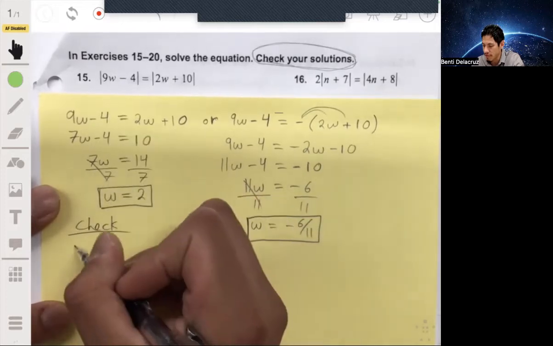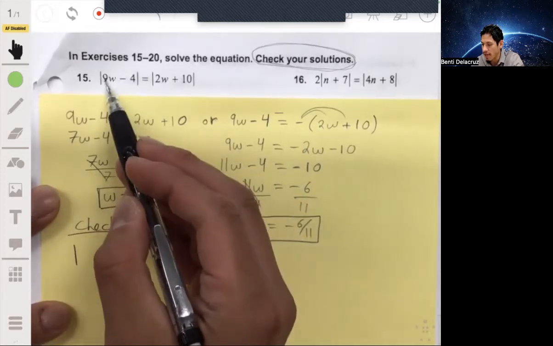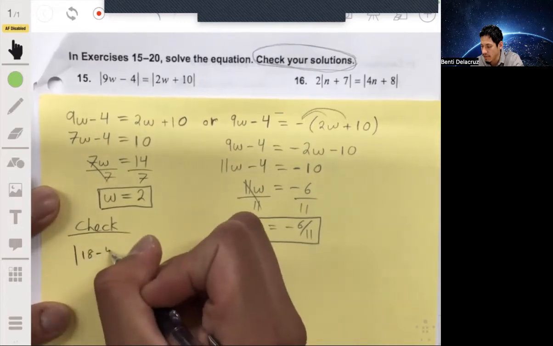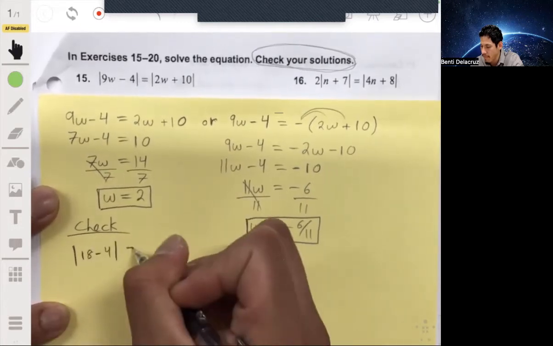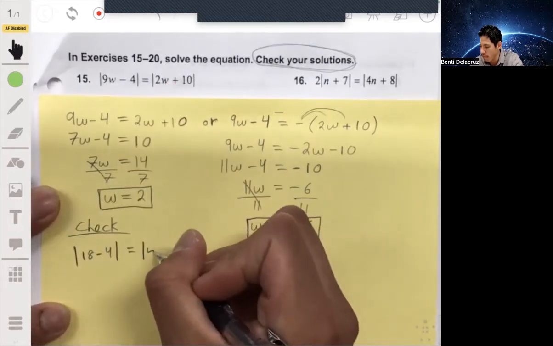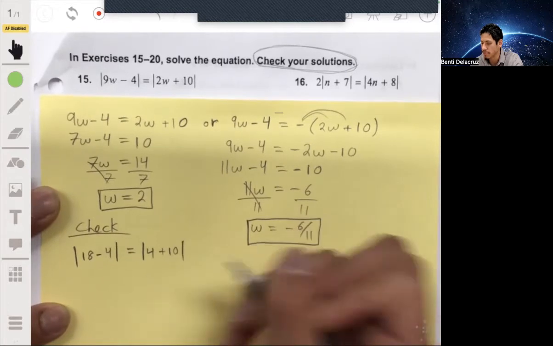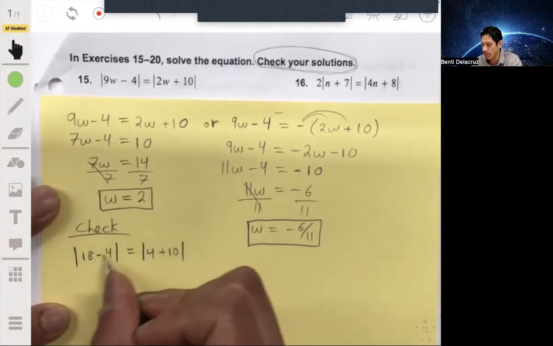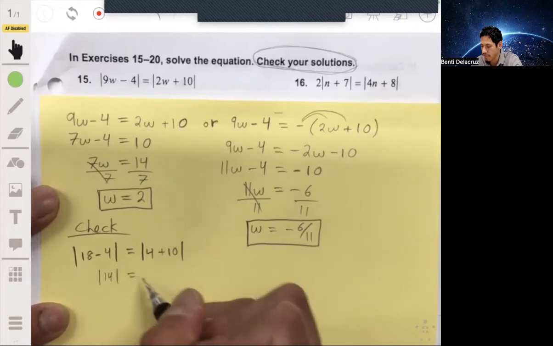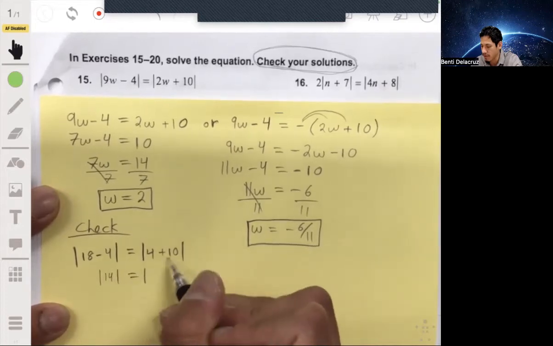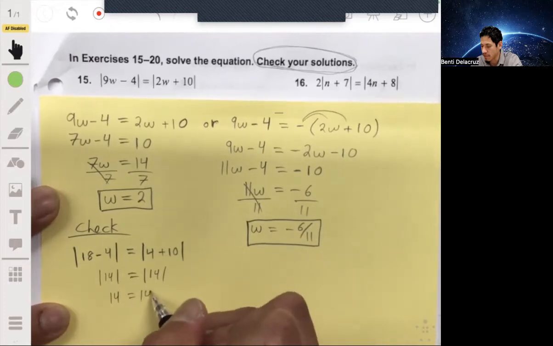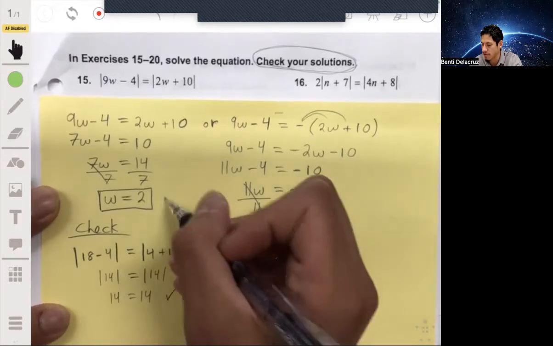I'm going to have the absolute value of 9 times 2, 18 minus 4 is equal to the absolute value of 2 times 2, 4 plus 10. So here, let me simplify the inside first. So the absolute value of 14 on the left is equal to the absolute value of 14. Absolute value of 14 is 14, and we know 14 is equal to 14. So we're good there. So this solution is good.